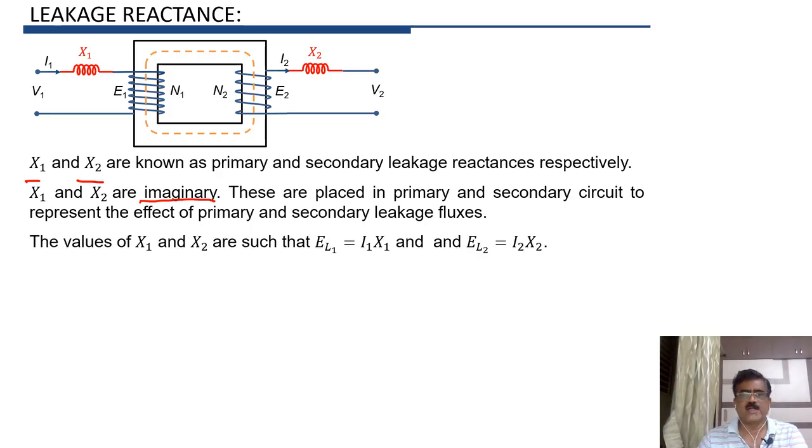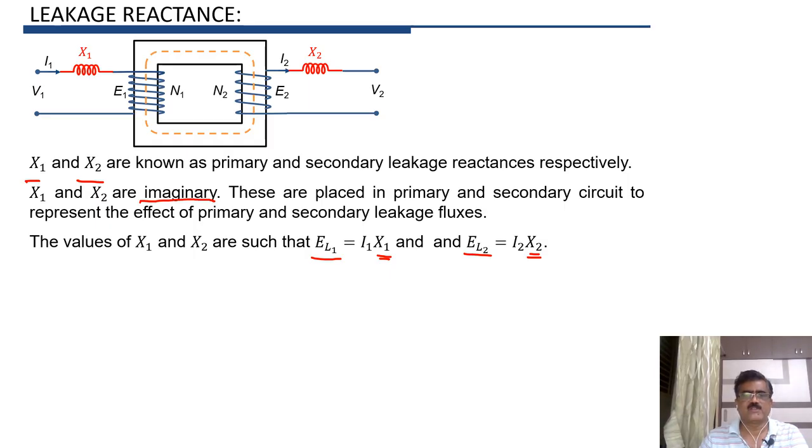We have seen that because of primary leakage flux, there is an induced EMF EL1 in primary, and because of secondary leakage flux, there is an induced EMF EL2 in secondary. The effect of EL1 is represented by X1, and the effect of EL2 is represented by X2, and both X1 and X2 are imaginary.